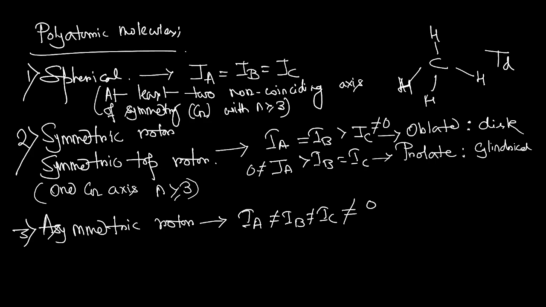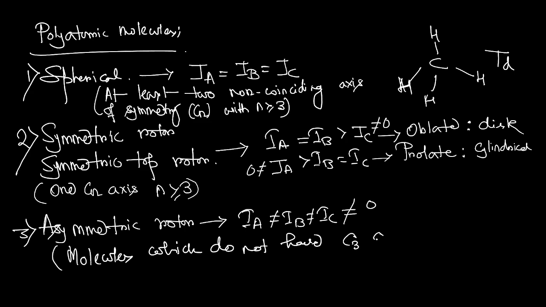For an asymmetric rotor molecule, the criterion is a molecule which does not have C3 or Cn where n is greater than or equal to 3.